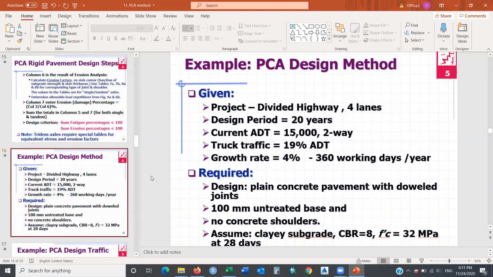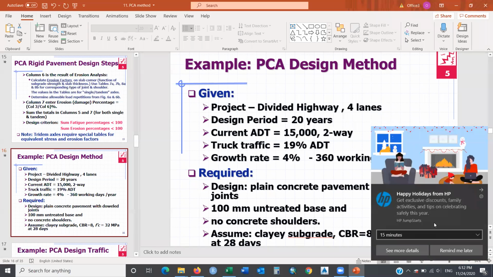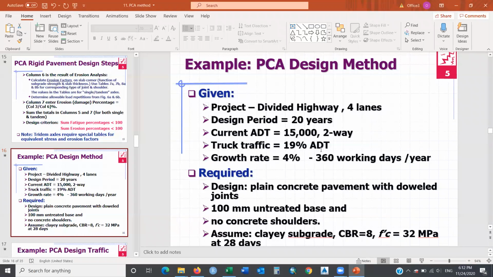The ADT for this road is 15,000 vehicles. The truck traffic is 19%. And the growth rate is expected to be 4%. And we're expecting 360 days per year.